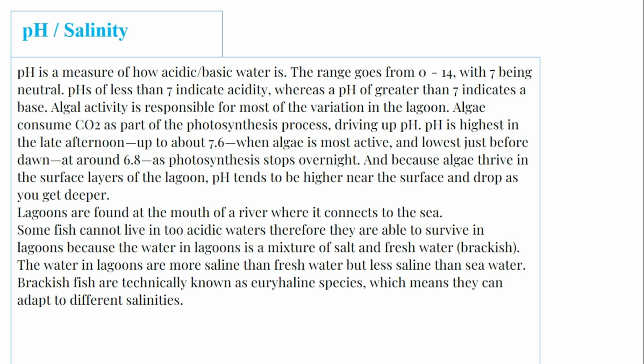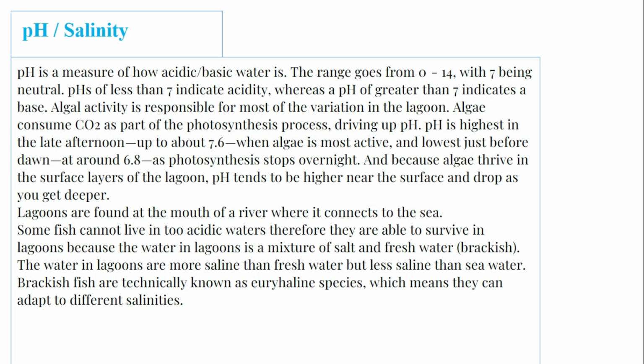And because algae thrive in the surface layer of the lagoon, pH tends to be higher near the surface and drops as you get deeper. Lagoons are found at the mouth of the river where it connects to the sea.